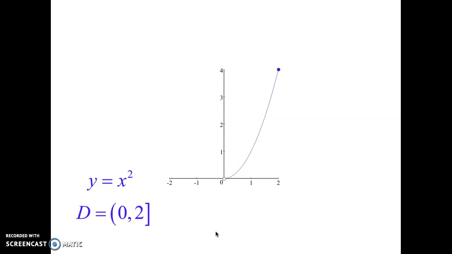What about if I change my domain again and say, now I'm looking from 0 to 2, but I'm not including 0 in my domain. I have now no minimum value. Now it looks as though I should have one, but because I never reach this value down here, I'm just aiming really close to it. Is my output value 0.1?